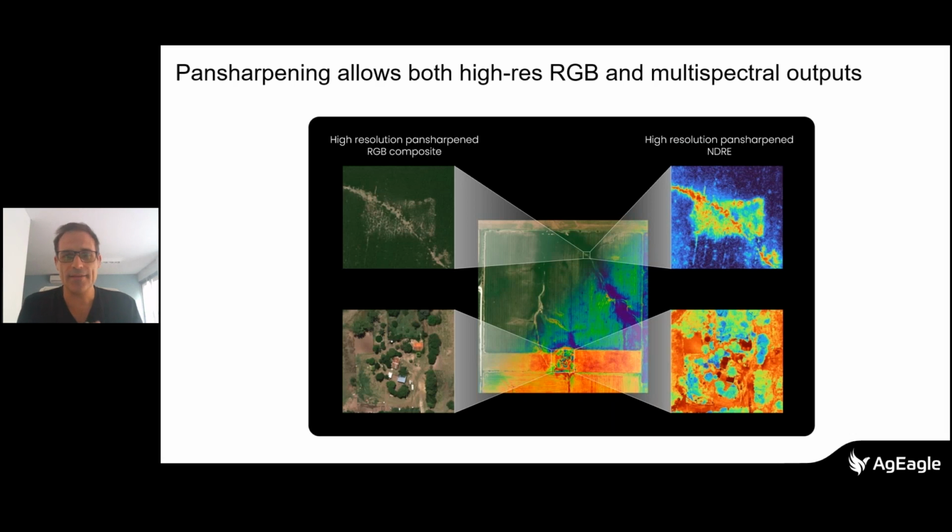So this is a very interesting picture. The marketing team put together some quite good slides to explain this, because those who are already familiar with satellite imagery know about the process of pansharpening.